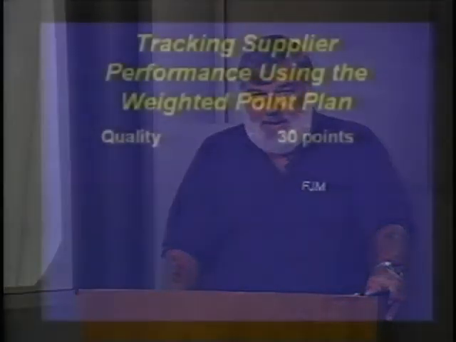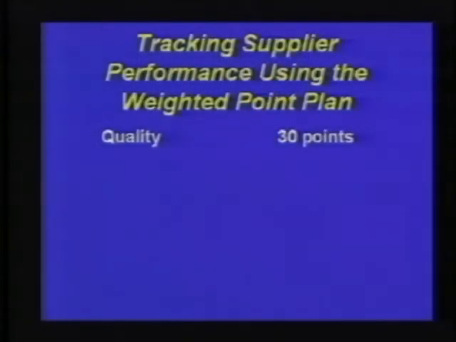That means during that quarter we're going to multiply the 30 points by 9 over 10. In other words, 9/10. 9 shipments were accepted out of 10. In basic math, that would be 0.9. I would multiply 0.9 by 30, which means the supplier for that quarter earned 27 points for quality.